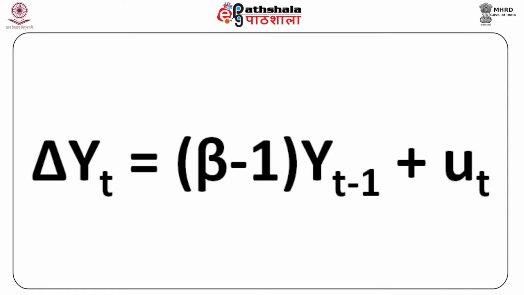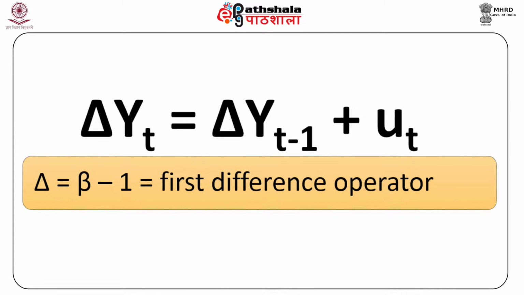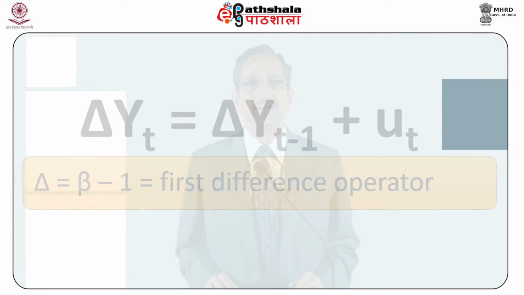If you simplify this equation, we get delta yt equal to beta minus 1 times yt minus 1 plus ut. Now, we can also rewrite this as delta yt equal to delta times yt minus 1 plus ut, where delta on the right hand side is equal to beta minus 1, and the left side delta is the first difference operator.